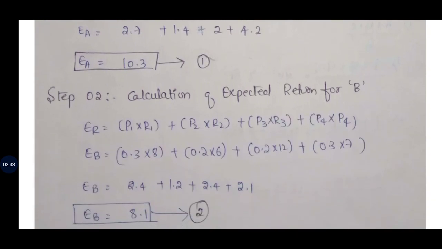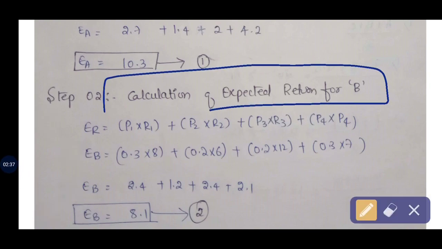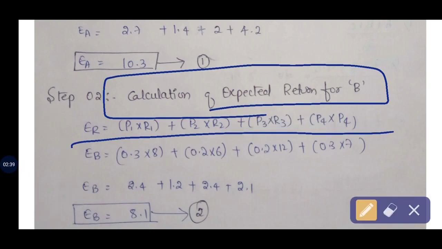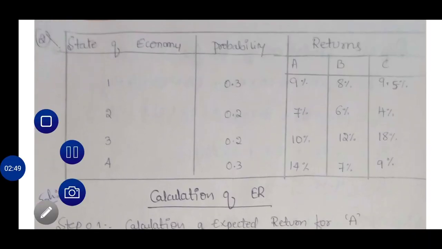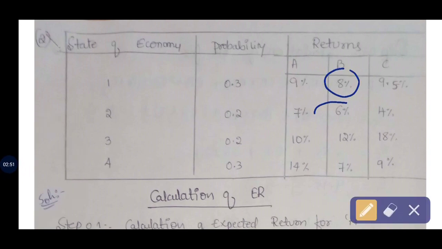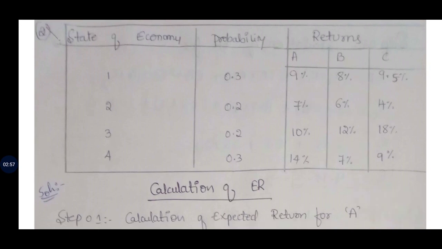Next, we have to calculate the expected return of B instrument. Same formula. So EB. P1 is the same, 0.3. R1 is 8, R2 is 6, R3 is 12 and R4 is 7%.